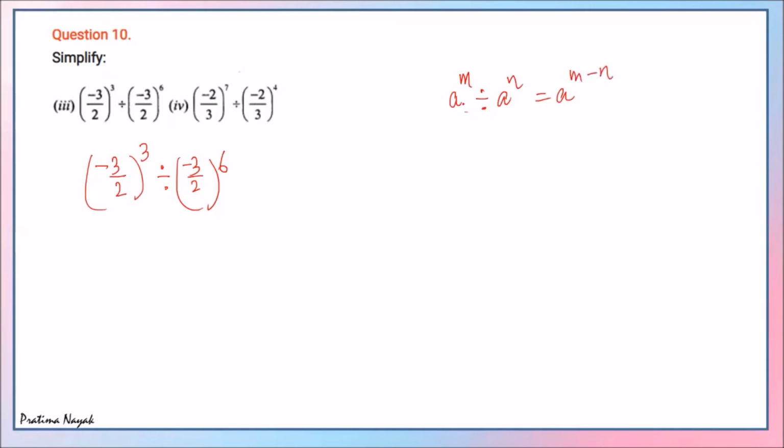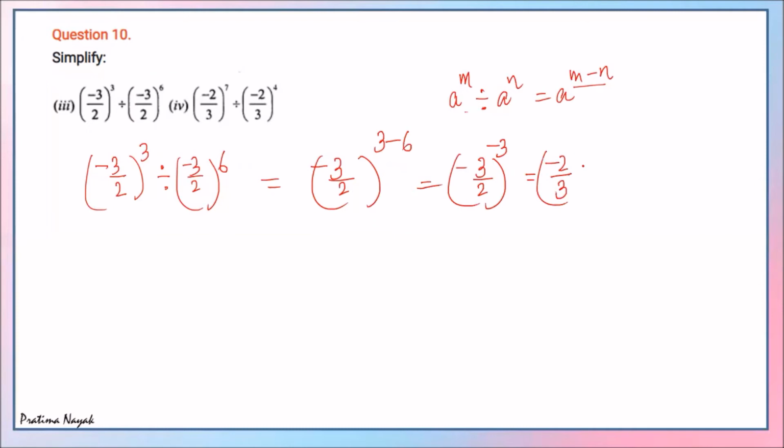Same base and different powers, when divided, the powers are subtracted. So I'll subtract 3 and 6. So (-3/2) to the power 3 minus 6. So this will be (-3/2) to the power -3. Shall I keep this answer in this form? No, I'll make it positive. So I'll take the reciprocal, and it will be power 3.